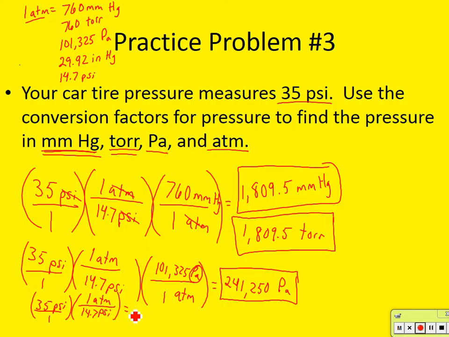So 35 divided by 14.7 is 2.38. 2.38 what? atm. Good point. But I always like to write it out. I would like to see you guys do this. Write out the value and the units. I think you'll make a lot fewer errors that way.